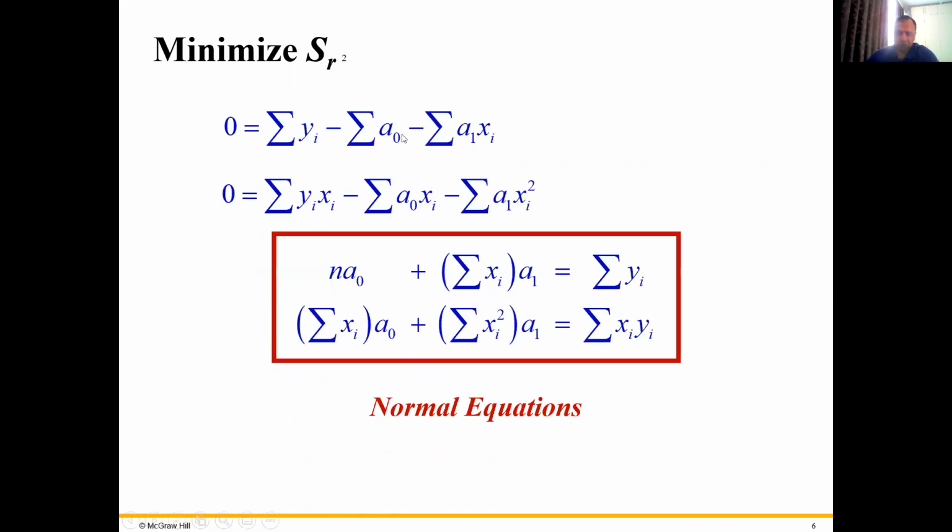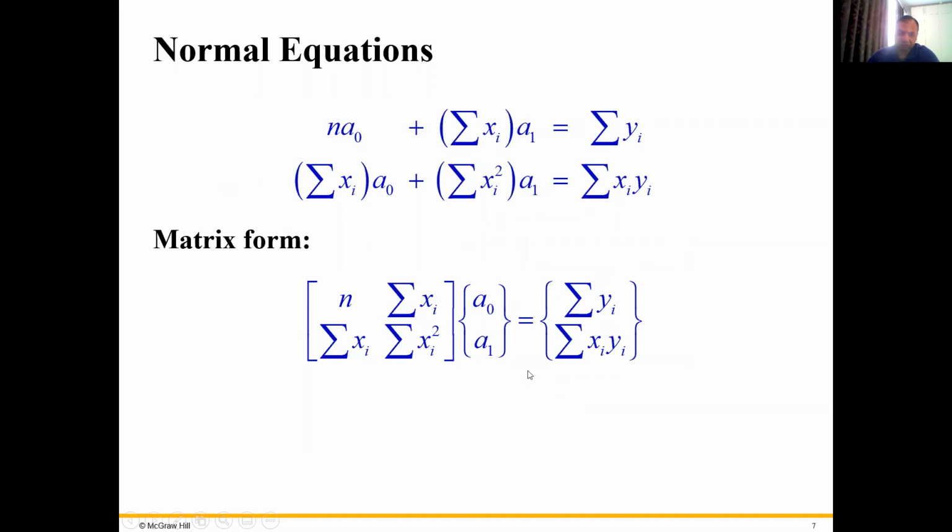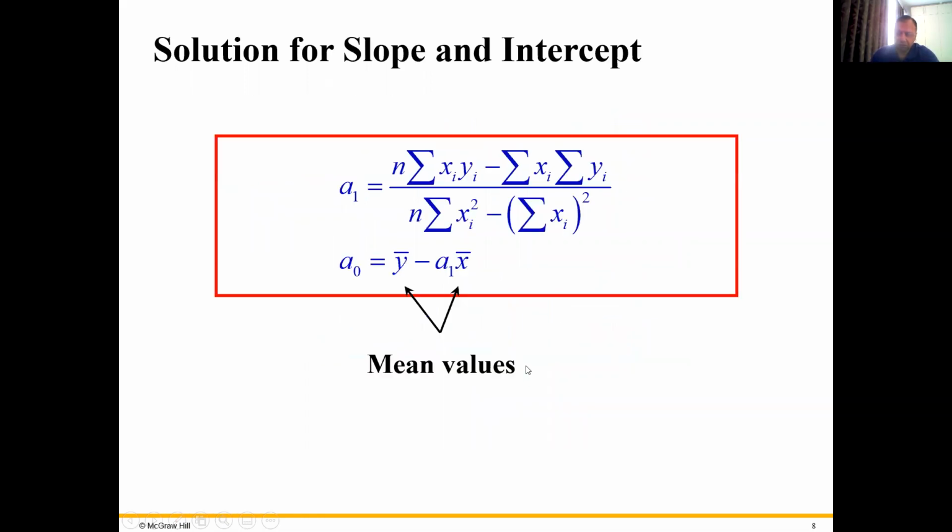If we solve this system of two equations, then we get the values of A0 and A1 as this. So this is for the linear regression using the approach of the sum of the least squares of the residuals.